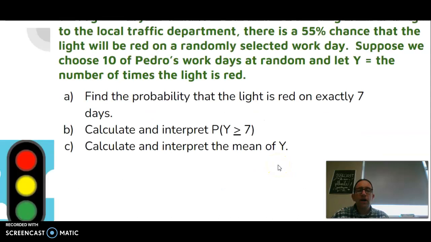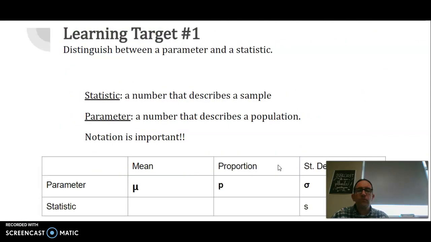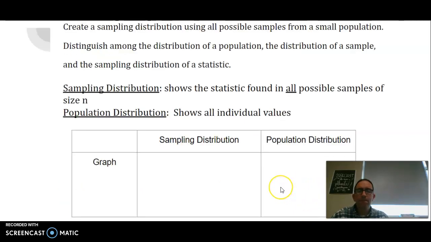If we're talking about the standard deviation of the sample, we'll call that S. And if we're talking about the standard deviation of the population, we'll call that the lowercase Greek letter sigma. So remember that a sampling distribution shows the statistic for all possible samples of a given size, and a population shows all of the values in the population itself.